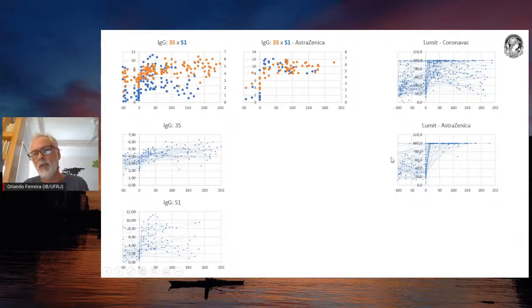This is related to IgA. It's not so important. And this is the comparison of the Lumit and the AstraZeneca.